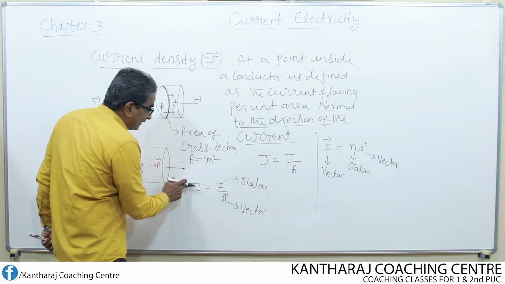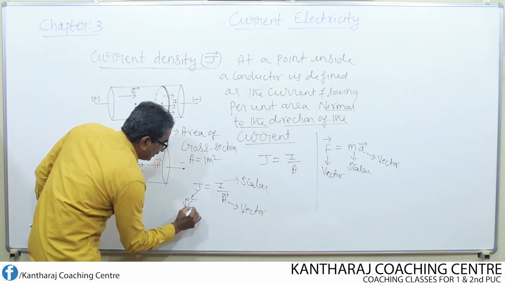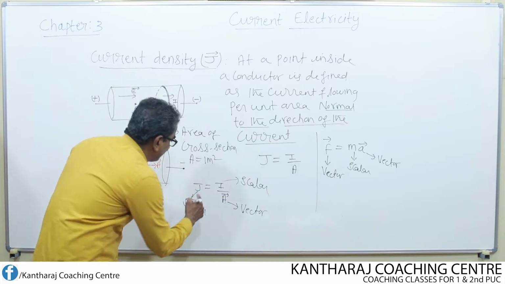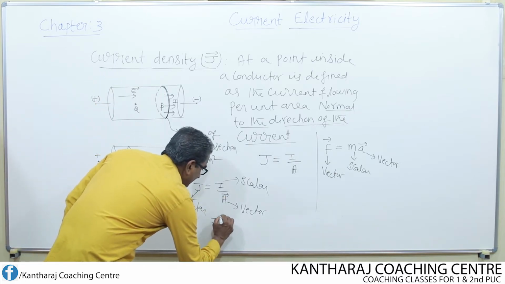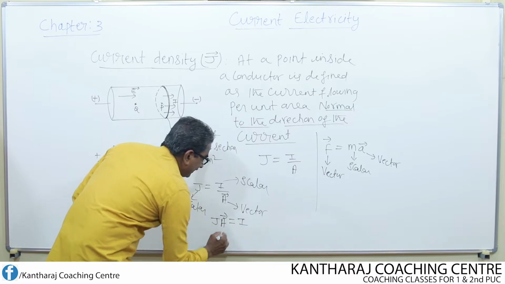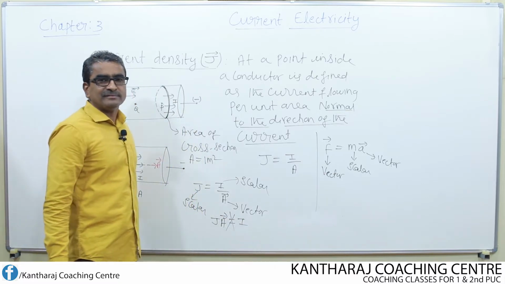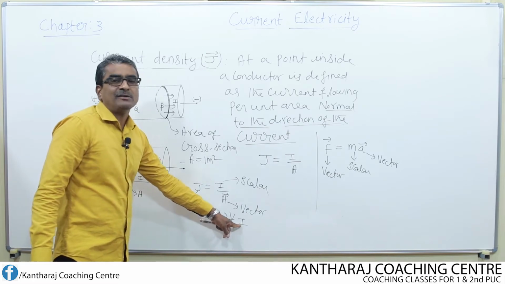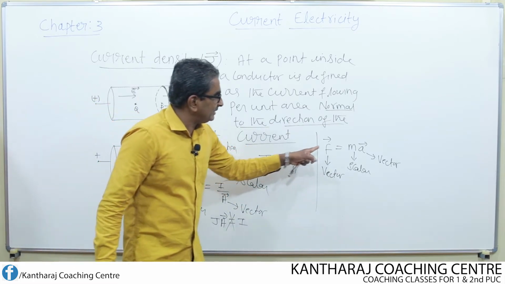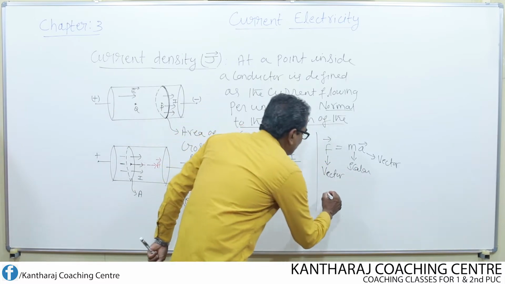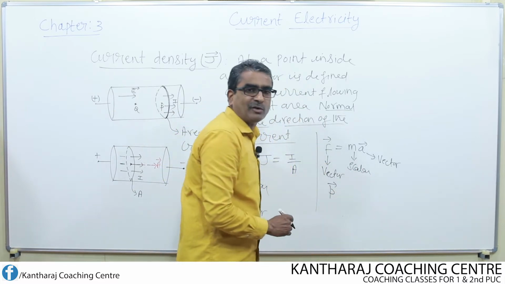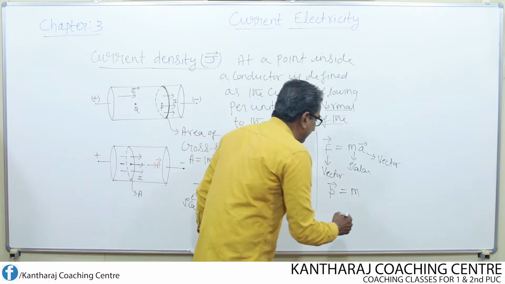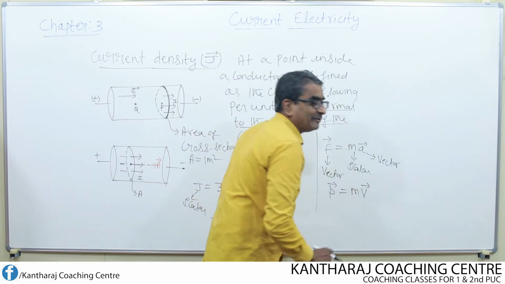So this is according to the vector rules. But here if I assume this as a scalar, then multiplication of a scalar with the area vector, what do we get? J times vector A is equal to I, which is not possible, because a vector multiplied by a scalar must always give a new vector. You can consider one more example. Momentum, which is a vector quantity, is obtained by multiplying mass, which is a scalar quantity, by velocity, which is a vector.